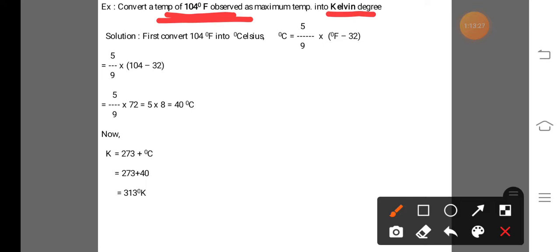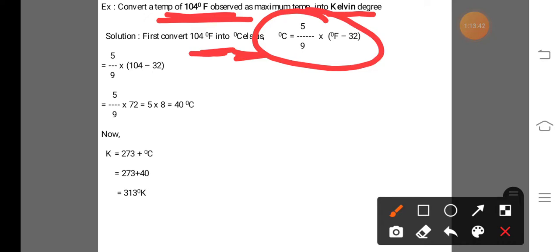So first, 104 degree Fahrenheit is converted into the Celsius scale, and for the calculation of temperature in degree Celsius from degree Fahrenheit, the formula used is degree Celsius is equal to 5 by 9 into bracket degree Fahrenheit minus 32.